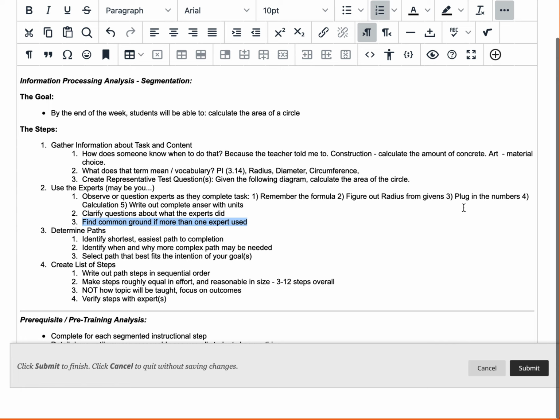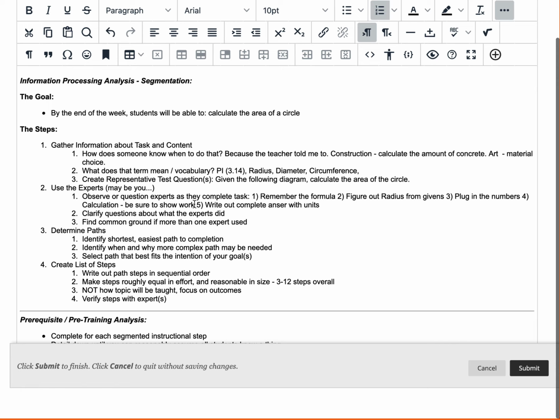Oh, sure. So plug in numbers. So calculation, we could put that there. Be sure to show work as they're doing the calculation. So if it's a multiple step, just show how you did each part of it, what order you did the things in.